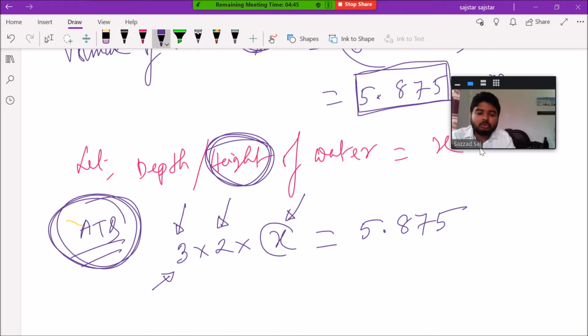But the height of the reservoir is not the same as the height of the water, because we have already taken out the cube. So the level of the water is less than the actual height of the reservoir, and that's why we have said the height is x. Only height will change, length and breadth will not. I think now it's clear to you. Now please solve it and tell me the value of x.